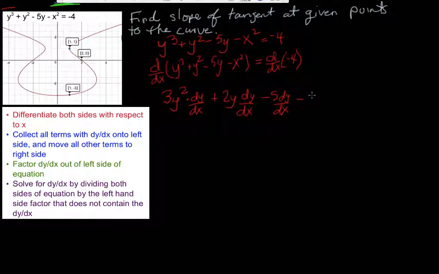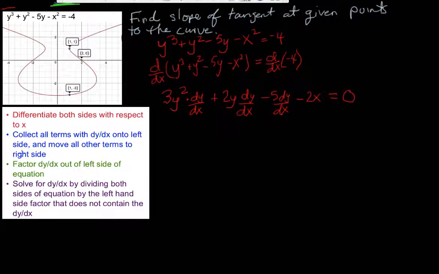That's just 1, so we get minus 2x, equals, and again, d/dx of a constant is 0. And so we have our derivative: 3y squared dy/dx plus 2y dy/dx minus 5 dy/dx minus 2x.